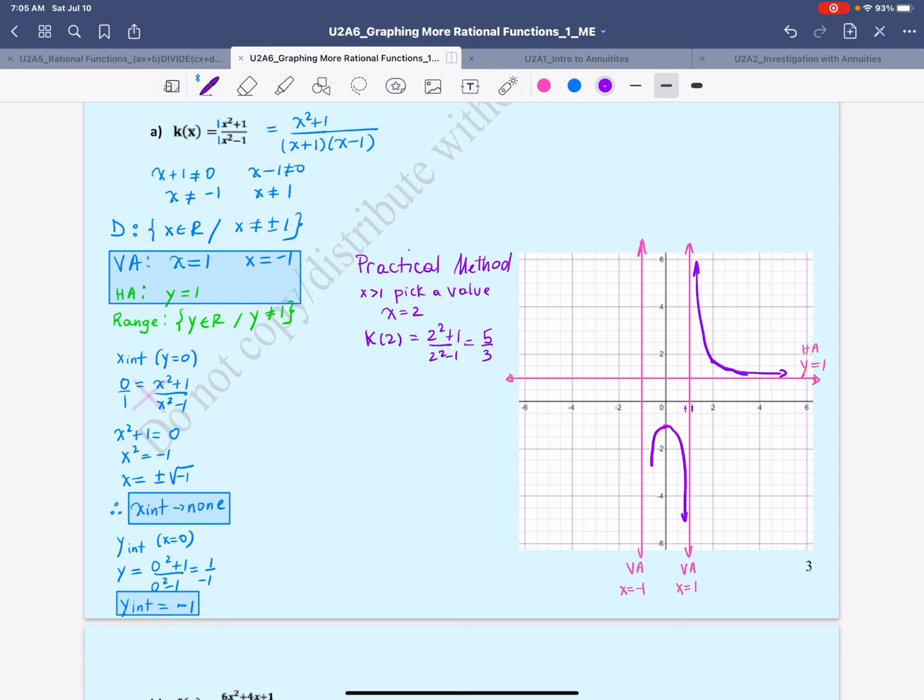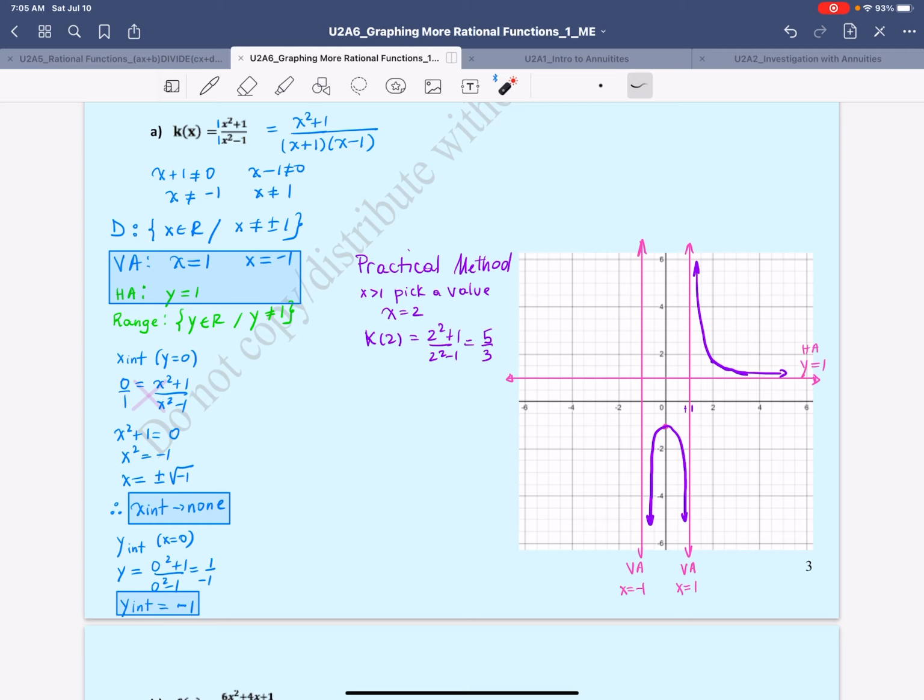Because we don't have any asymptotes, that means that the graph is not going to continue this way. It cannot continue this way because if we draw the curve in this direction, then the curve will have to intercept the x-axis, which means x-intercepts, and it will have to intersect the horizontal asymptote.